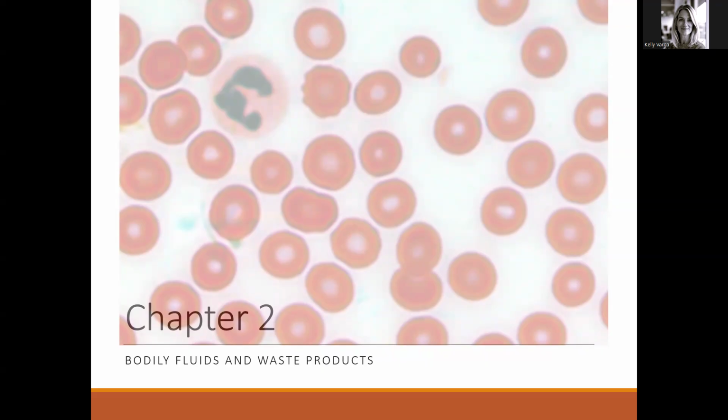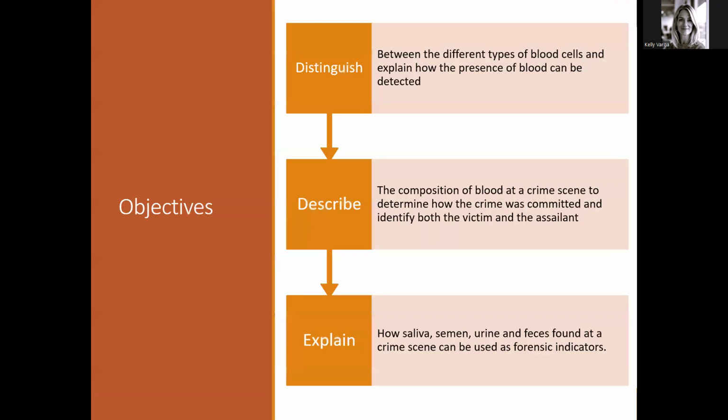So, chapter two, bodily fluids and waste products, right? Again, our high level overview, we are chasing PMI, but now we're starting to transition into some of the biological foundations that we're going to use throughout each chapter for the methodologies to be able to get us back to that PMI.